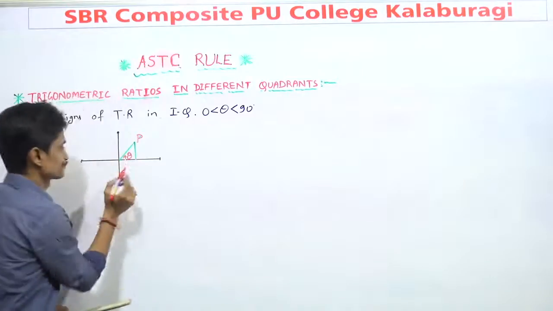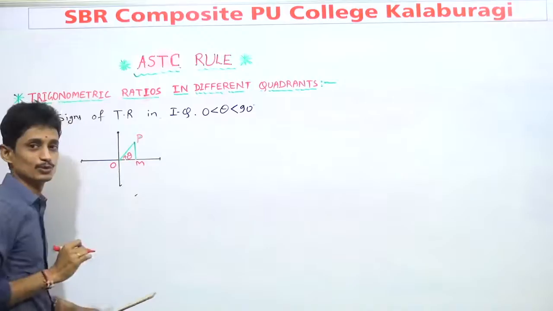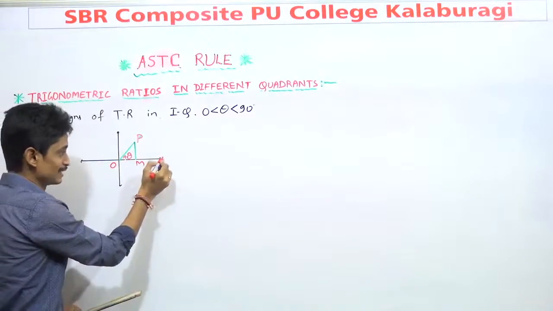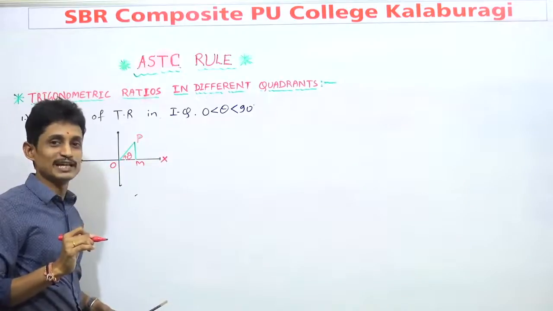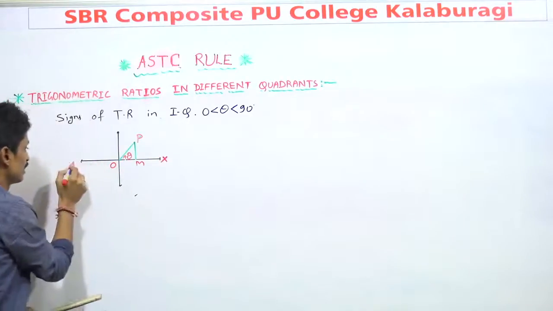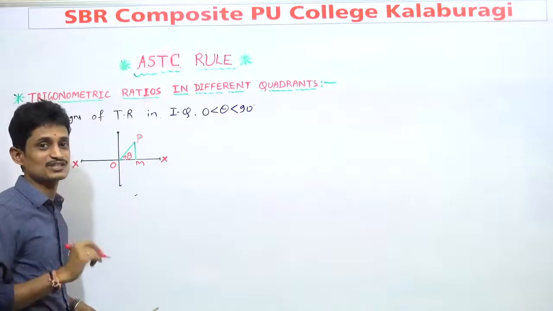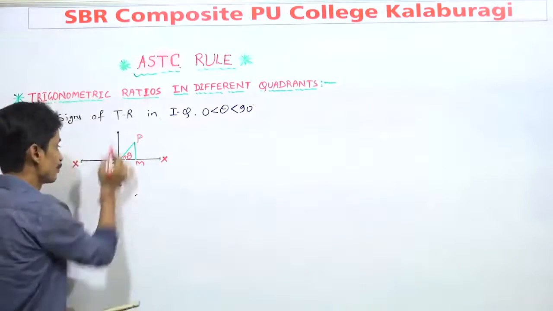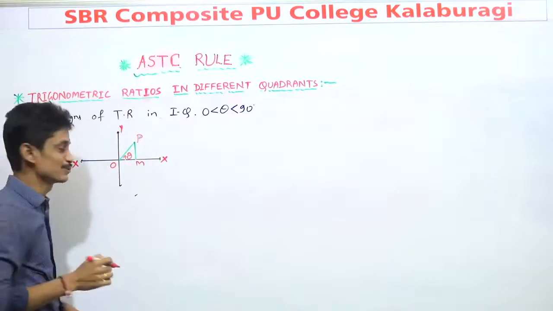Okay, now here M I will write, this is the origin. Here, students, right hand side of the origin we are considering the positive scale. Left hand side of the origin we consider x dimensions negative. Above the origin, y dimensions we take as positive.